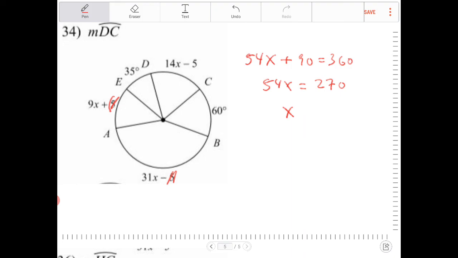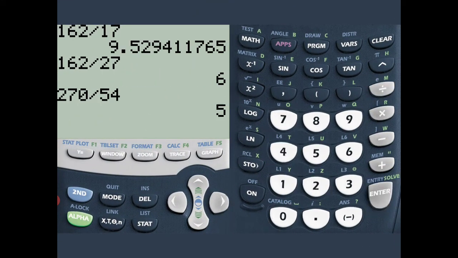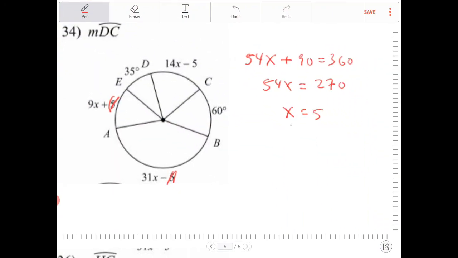So what would that be? 270 divided by 54. That would be 5. And I'm looking for arc DC. That would be 70 minus 5, so that's 65.